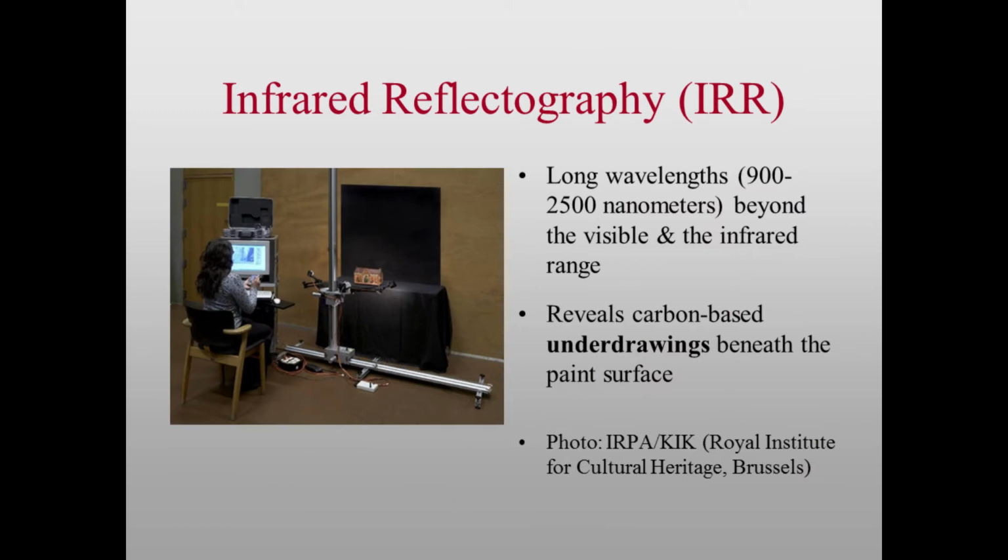Infrared reflectography is one of the, I think, great technological discoveries. Essentially, they're using long wavelengths, as you can see, between 900 and 2500 nanometers, that are beyond the visible and beyond the infrared range. So it's not just infrared photography, it's infrared reflectography.